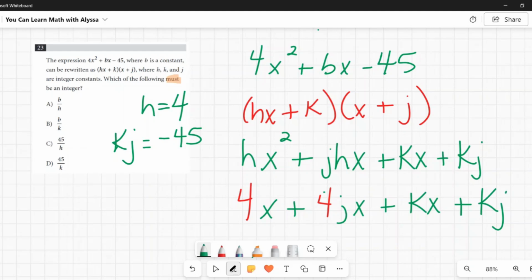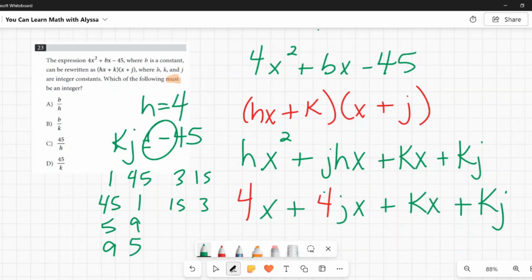So I can assume there's going to be some combination here, and the negative could be on either one: k could be 1, j could be 45, and one of them has to be negative to get that negative, or k is 45 and j is 1. The other options are 5 and 9 or 9 and 5, and 3 and 15 and 15 and 3. Okay, there we go. So those are my integers, almost forgot one, that multiply to 45.